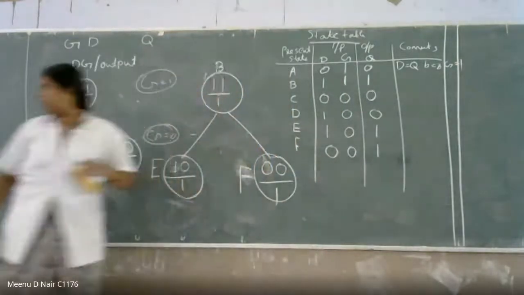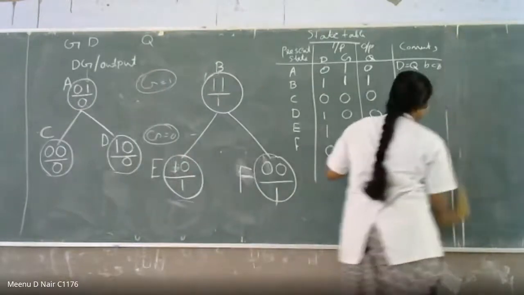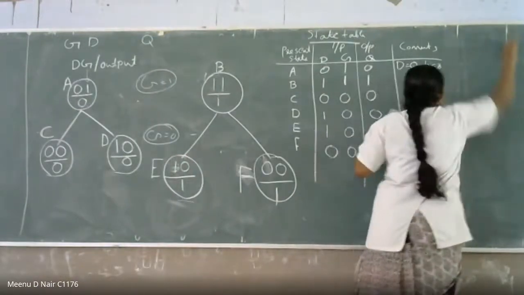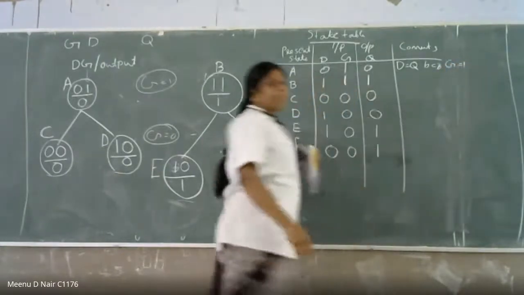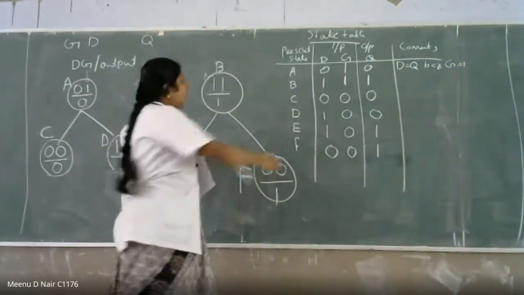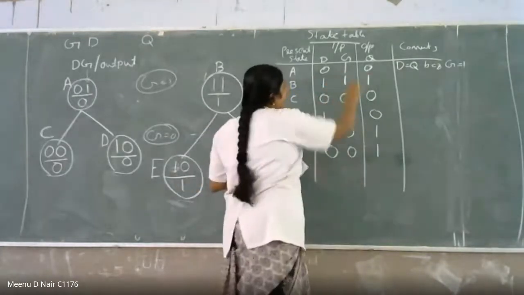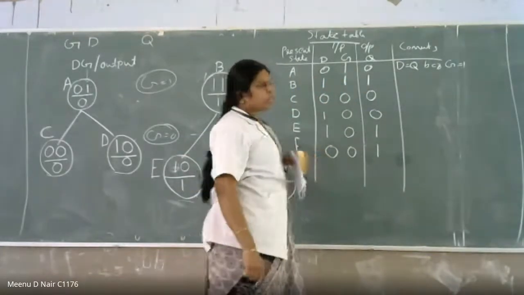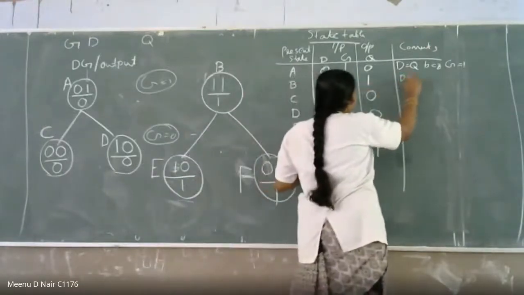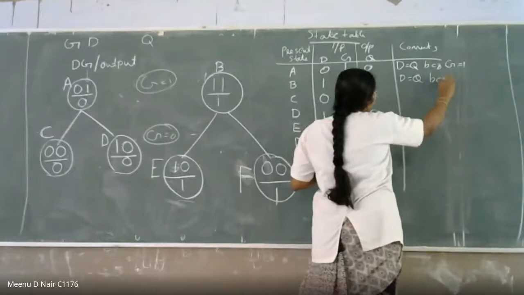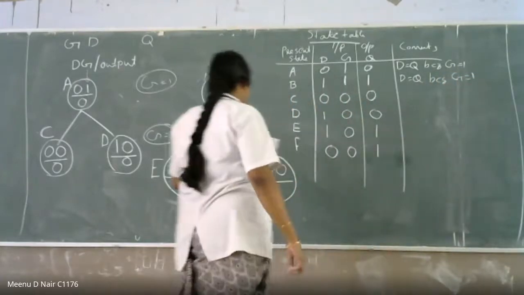Okay, that is the first comment. For D, D is equal to Q because G is equal to 1. Here also D is equal to Q because G is equal to 1. That is the first case.